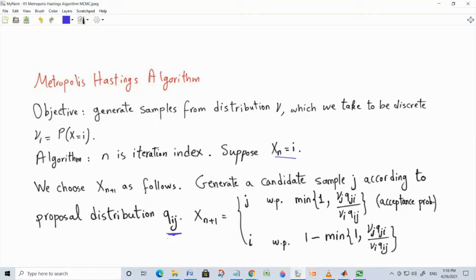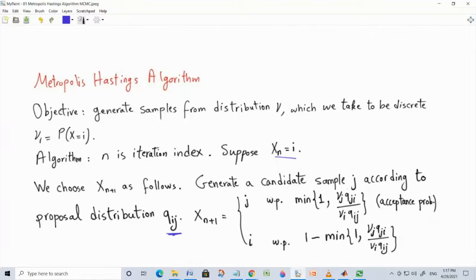But this does not mean that X_{n+1} is equal to j. X_{n+1} is equal to j probabilistically, with a certain probability that's called the acceptance probability.